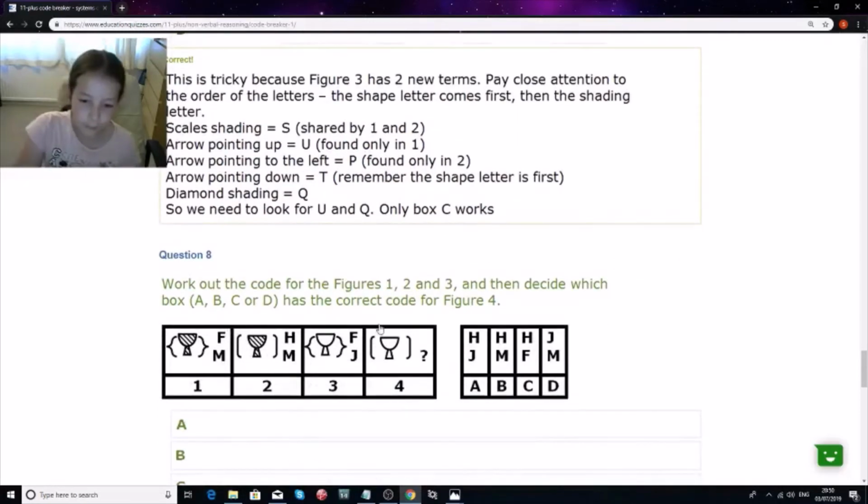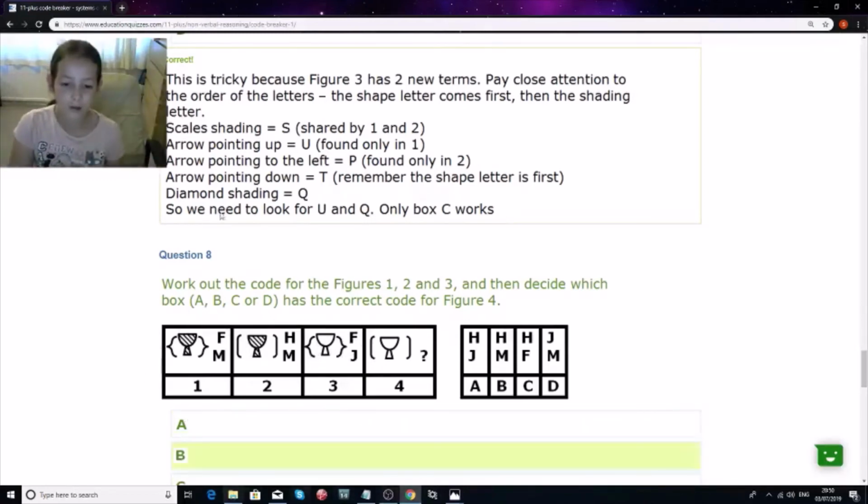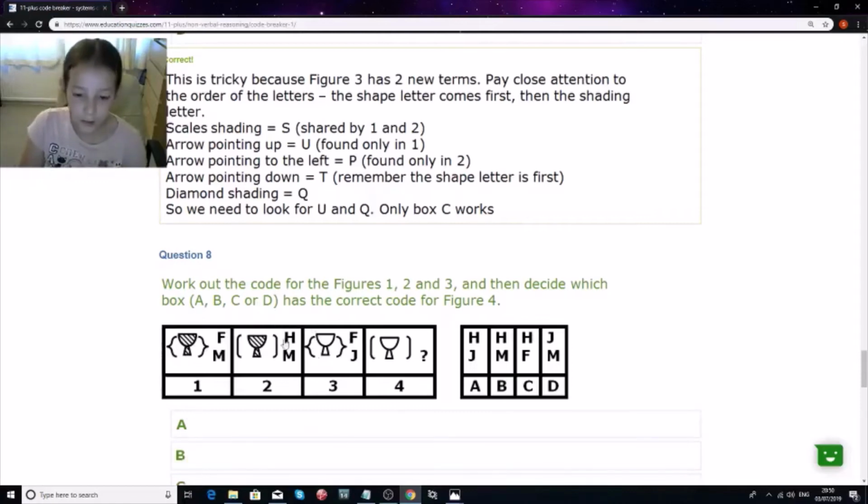Question 8. F equals a sort of pointed brackets. So this is what they share. H must mean curved brackets. M means striped lines inside the trophy.